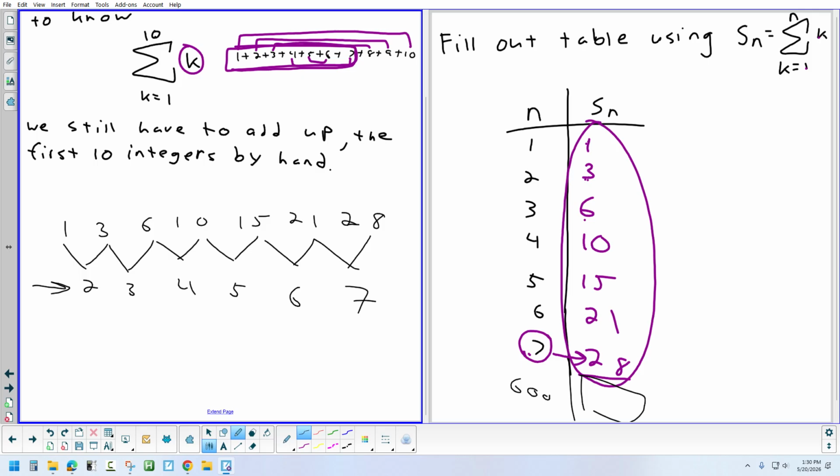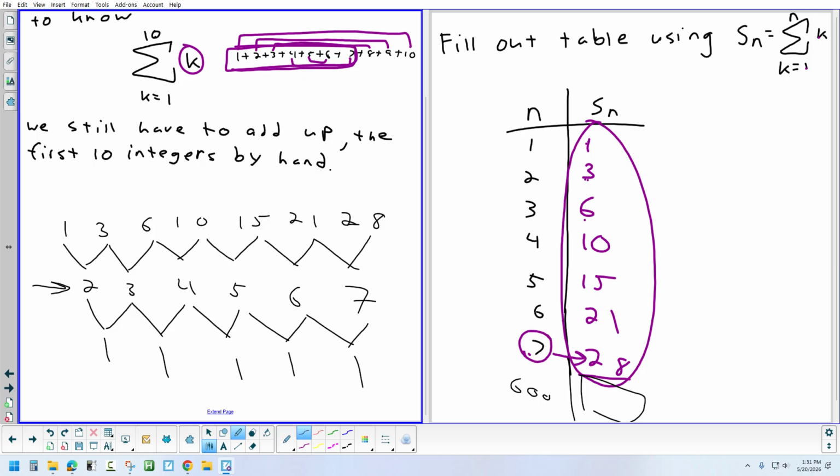Now I want to find the second differences. So do it again. What's 3 minus 2? 1. And 4 minus 3? Yep, 1. We're going to get all 1s. These are called my second differences.